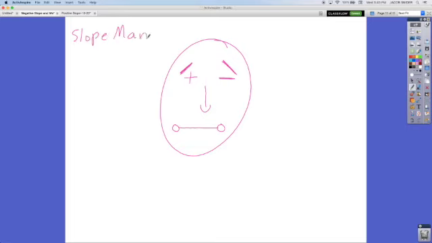Why do we call it Slope Man? Well, hey guys, look at this. Right here, that means it's positive. If it's positive, it's going uphill. There's one eyebrow. If it's negative, there's my negative sign, it's going downhill. We talked about these last 2 additions right here.